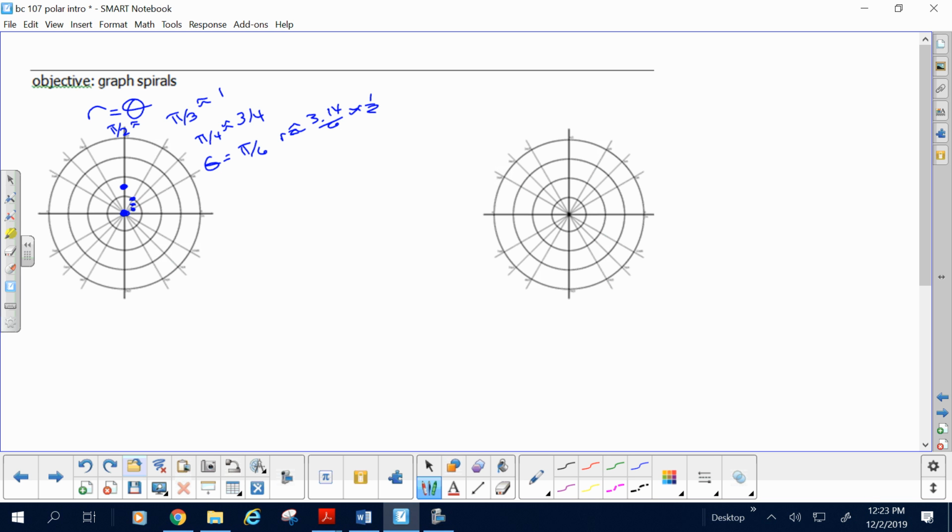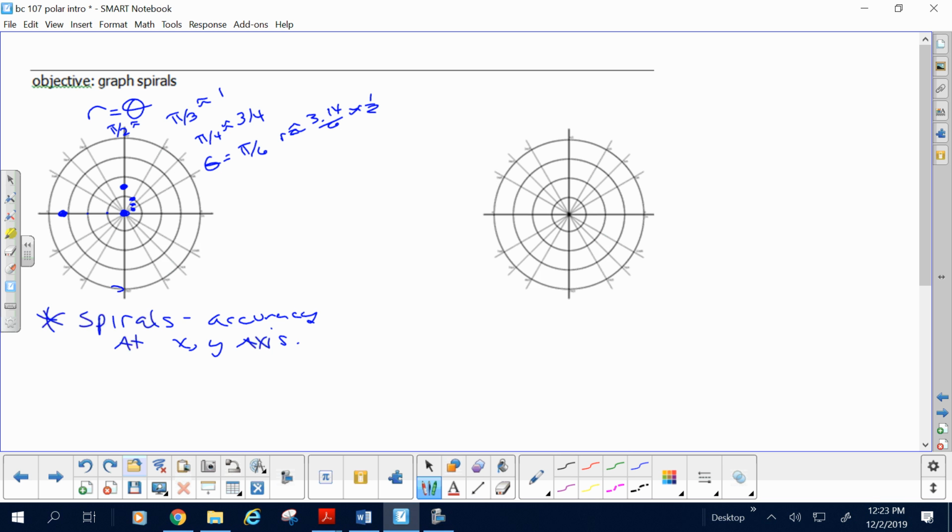Now would you write yourself a note? For spirals, I want accuracy at the axes points. I don't require that you show me all the in-between points. So let's jump to pi. When you face pi, you go forward pi. So 1, 2, 3, maybe a little more because pi is 3.14, yeah?